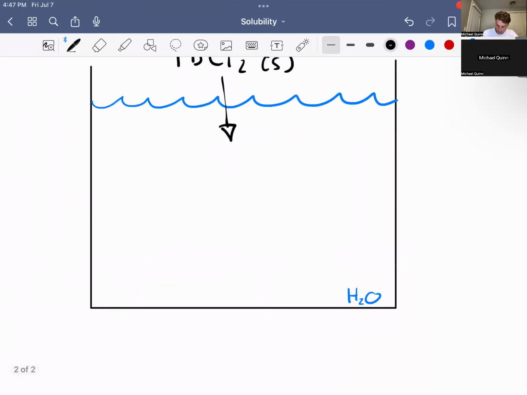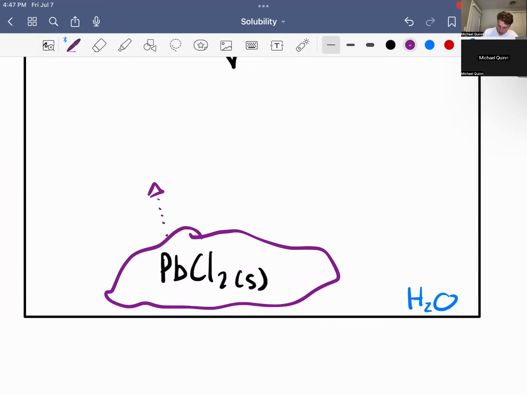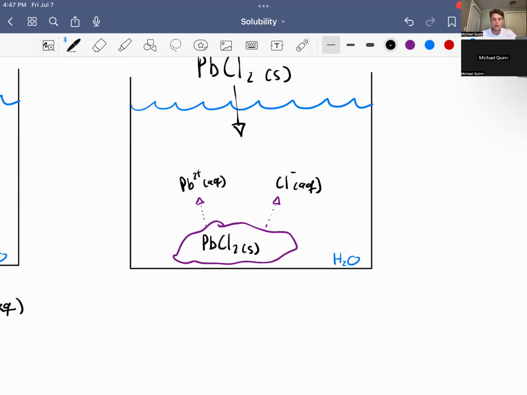So we know that the lead chloride will float to the bottom of this beaker, and a very small amount of lead 2 plus and Cl minus aqueous is going to dissolve into this beaker.